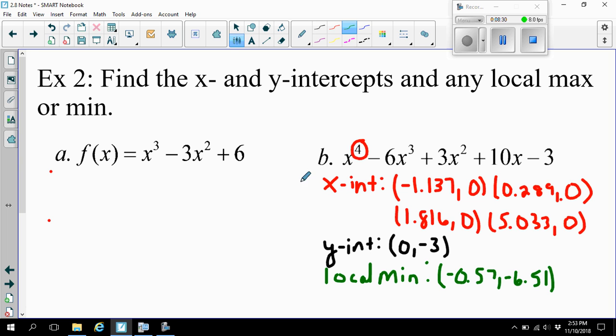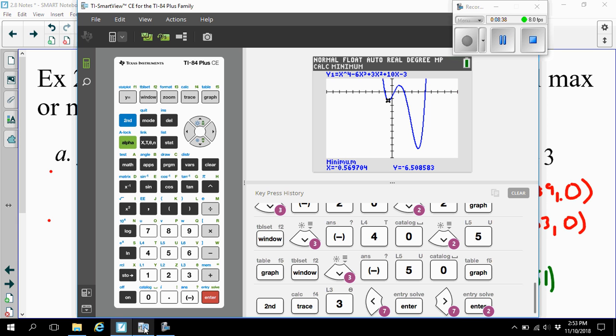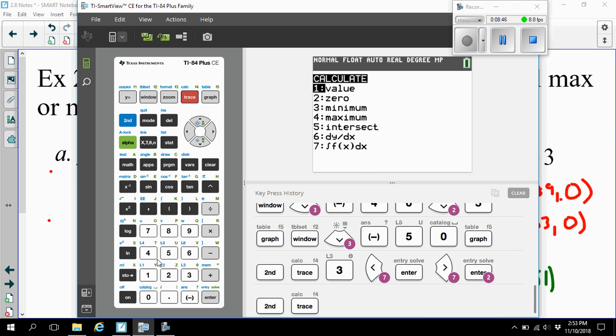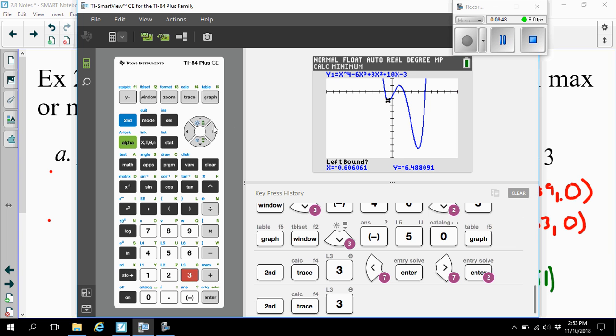There we go. Good. But now realize that we have another minimum, so we need to find that. We need to do the same type of stroke on our calculator to find the other one, and that's going to be on this right-hand side. So once again, I go to second trace, go to number 3, and move my cursor over. Remember, left bound means on the left-hand side of this point.